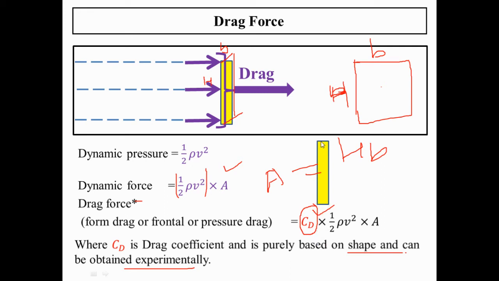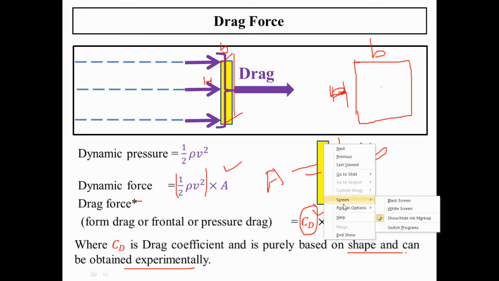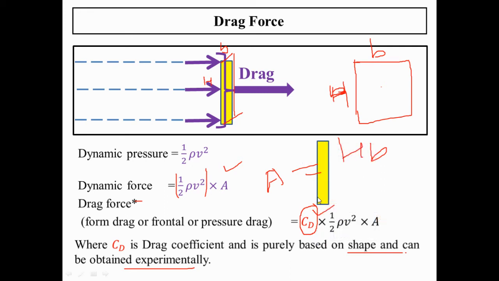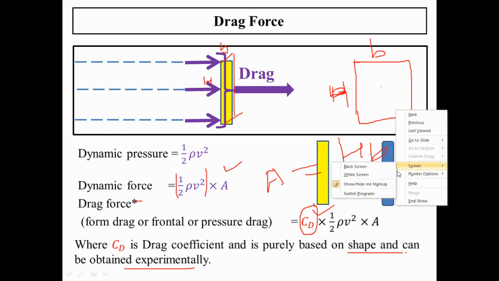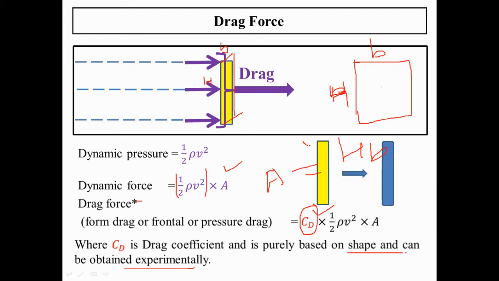Let's consider a sharp-edged vertical plate. If I replace the sharp edge with a round edge, the CD for both cases will be different, because in the earlier case the flow gets separated over here, due to which you get a different CD, and in the other the flow moves smoothly around the surface.